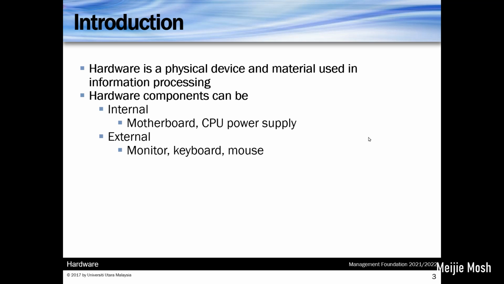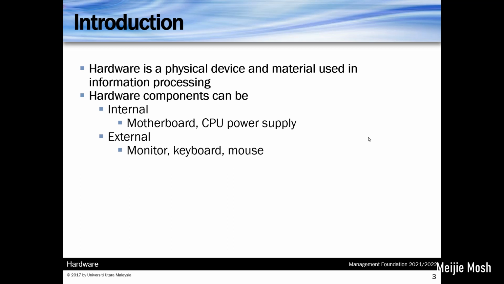The components that make up hardware can be categorized as being either internal or external. Internal components are those installed inside the computer, and the external components are connected to the outside of the computer.